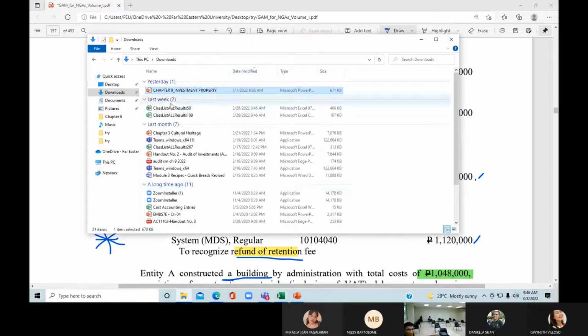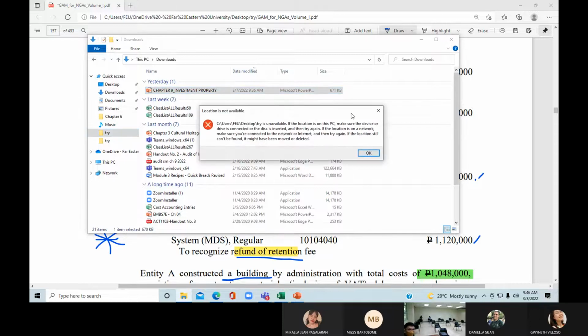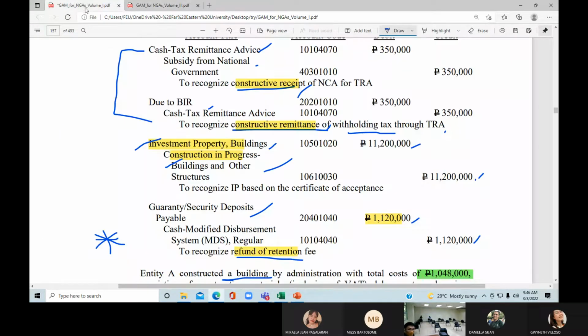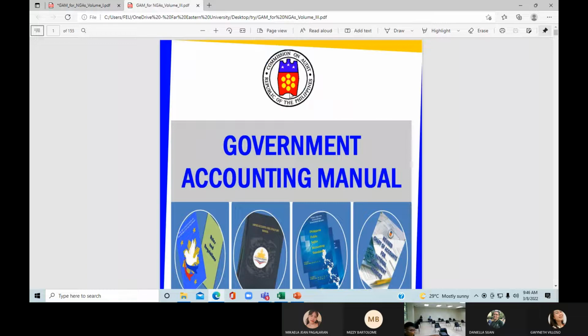So puntahan nga natin yung volume 3 ng GAM. Makita mo saan ito ginagamit.